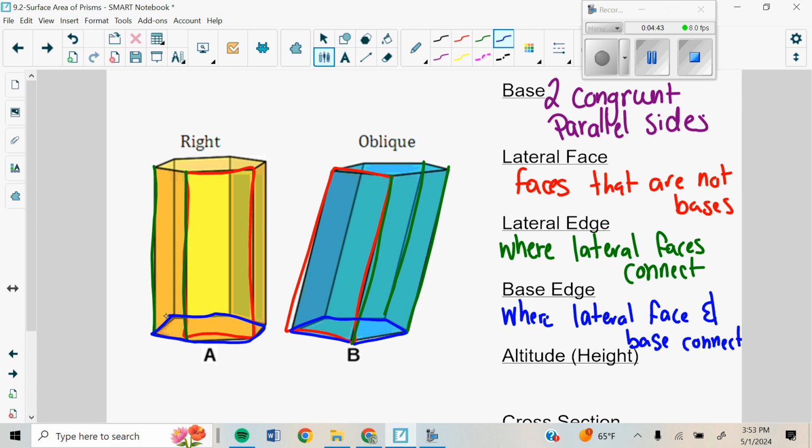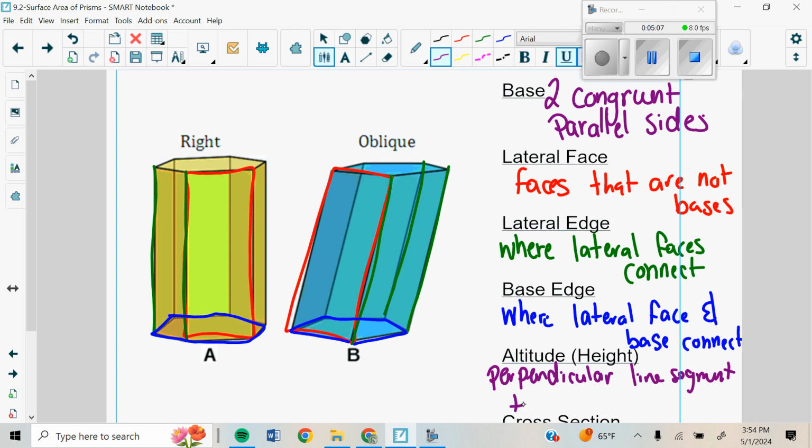Then we have altitude, and altitude is also known as our height, and this is a perpendicular line segment to opposite bases. So perpendicular line segment to opposite bases.